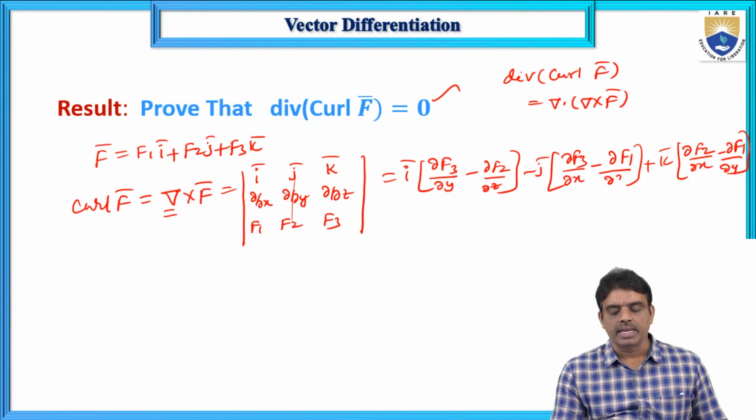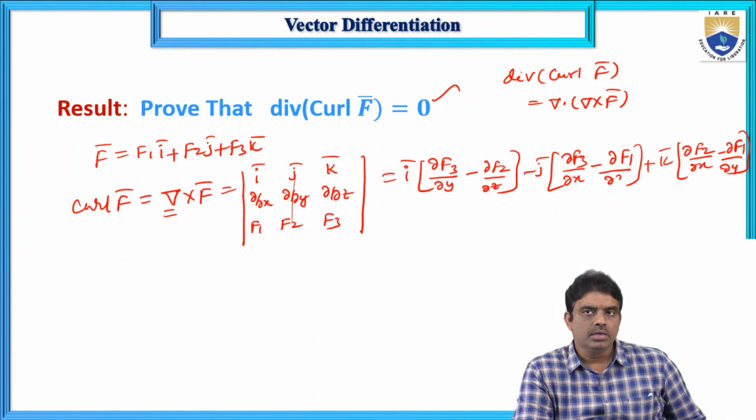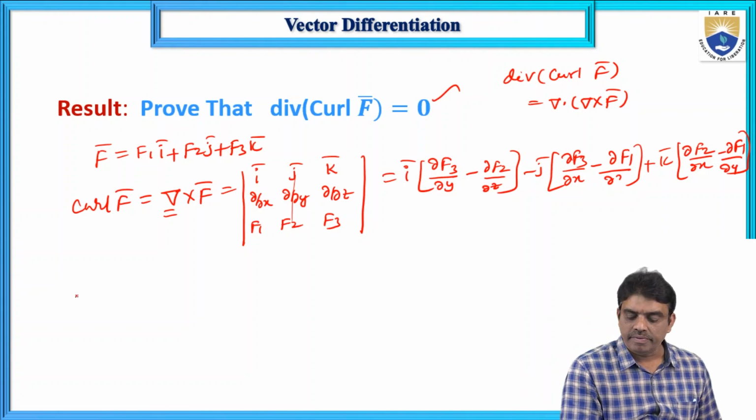This is the expansion of curl f bar. Curl f bar is a cross product of the vectors del and f bar that can be defined by using the determinant.